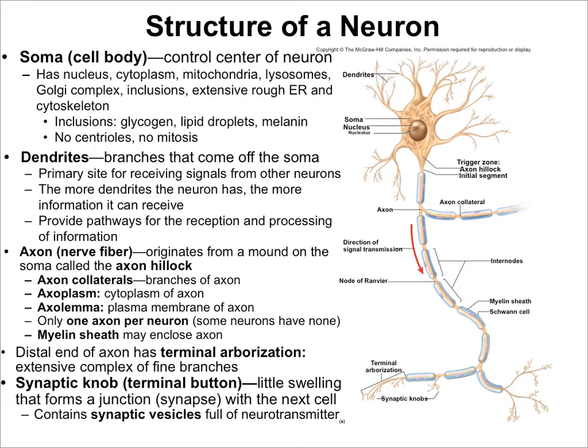The third general area is the axon, which is a long, narrow projection which can lead from the soma to pretty much anywhere. The longest cell in your body is a neuron, and its axon goes from basically the back of your head all the way down to the tip of your toe.